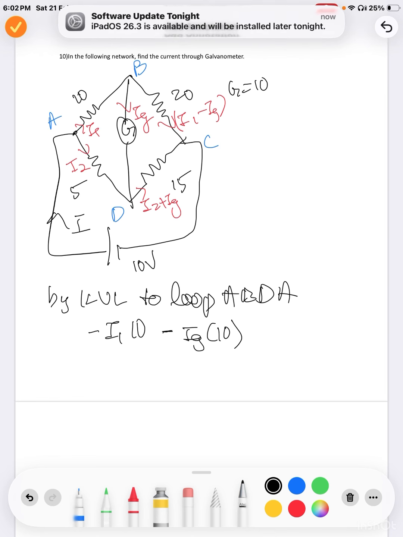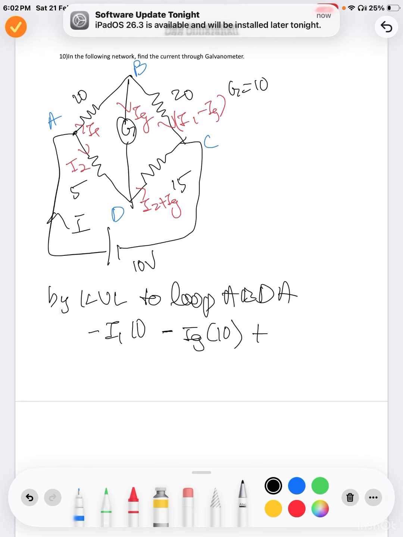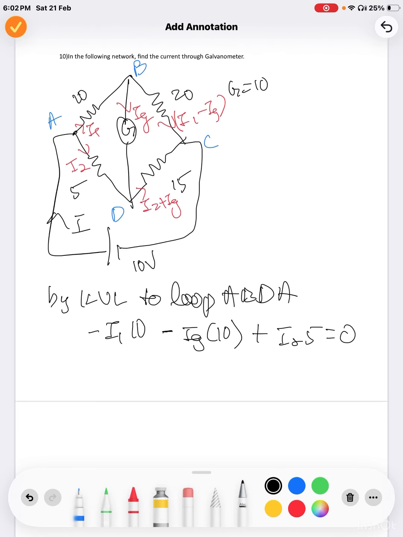Next, in the opposite direction, so plus I2 into 5 equal to 0. So I can take 5 common here. If I take 5 common, we are left with minus 2I1 minus 2Ig, and this side, minus minus gets cancelled, so I2. This is equation number 1.